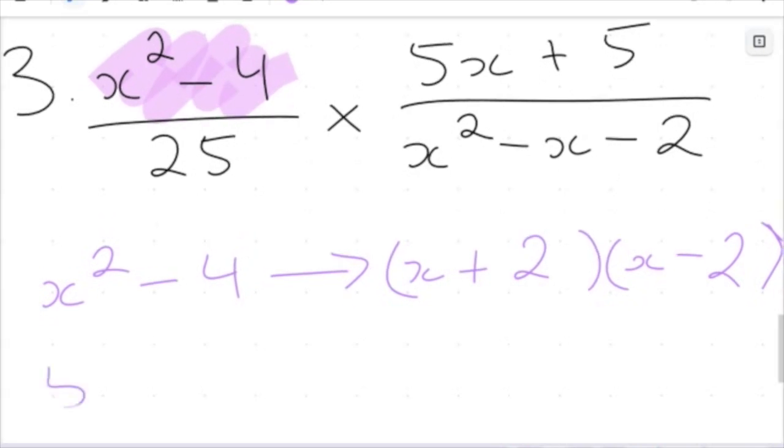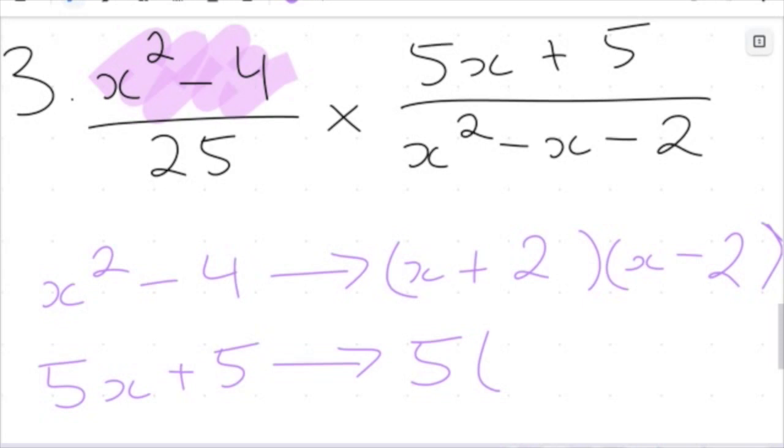We're going to do the same for 5x plus 5, because right now it's not allowing us to really do anything with it. So we want to write this in a factorized form to see if we have these products in the numerator that we can possibly cancel out with terms on the bottom or numbers on the bottom. So the common factor to 5x and 5 is just 5.